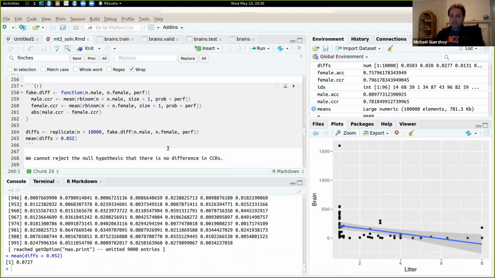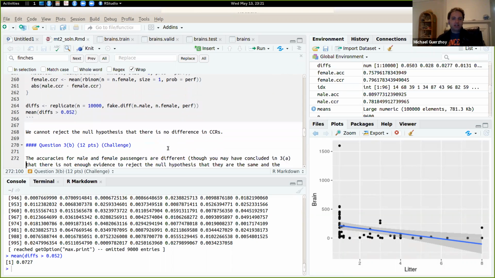In this run, it turned out to be 7%. So, given how I set it up, I cannot reject the null hypothesis that the CCRs are the same. There's not enough evidence.